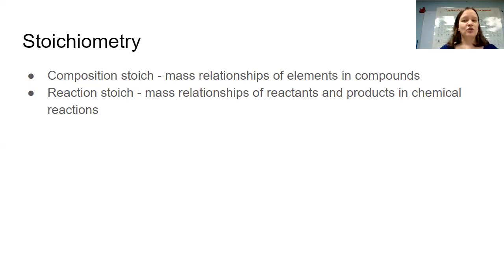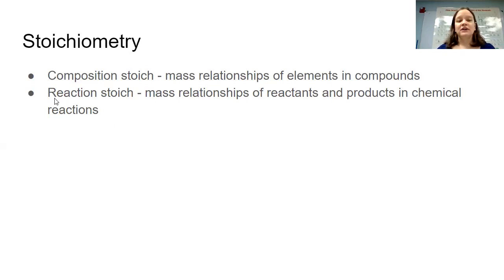So that's the goal with this, being able to take the mass of one of our substances and calculate the mass that would be needed or the mass that would be produced of one of the other substances.